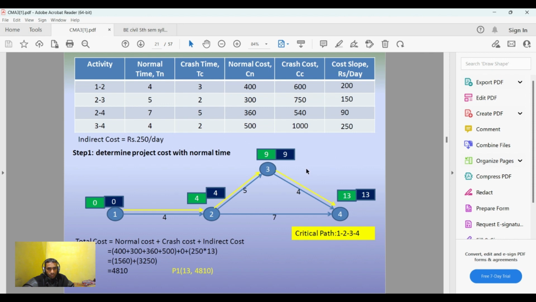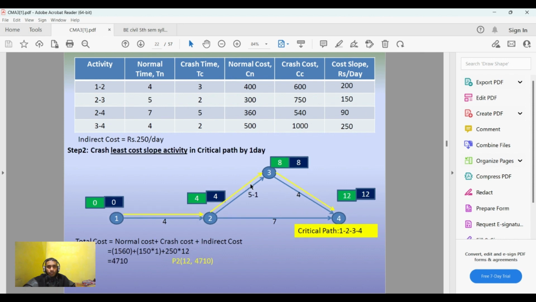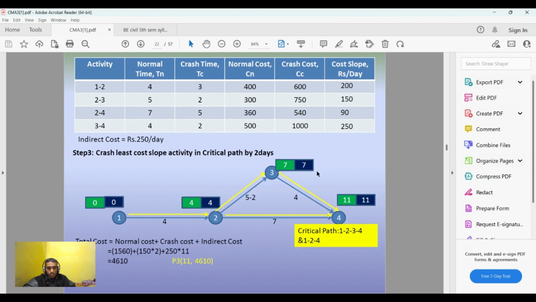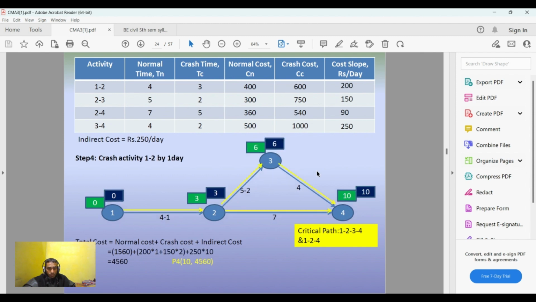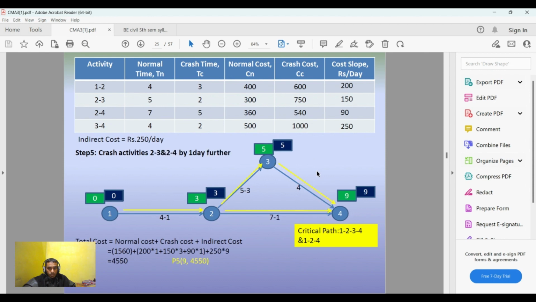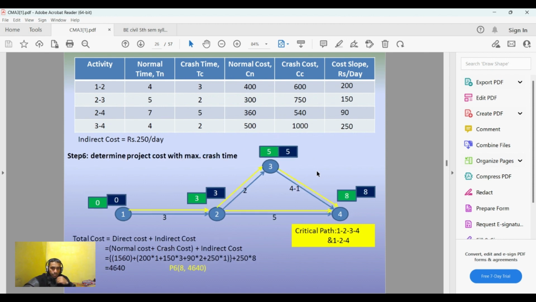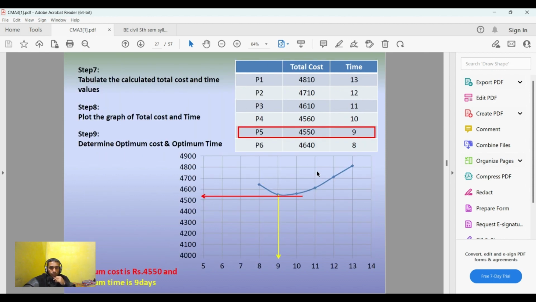But meanwhile, if you find these confusing or tough, as I had already mentioned, you could follow the YouTube link, the Kausar Wise channel, which has given a very clear explanation of determining the optimum duration and optimum cost. You can use that particular YouTube video in order to understand.